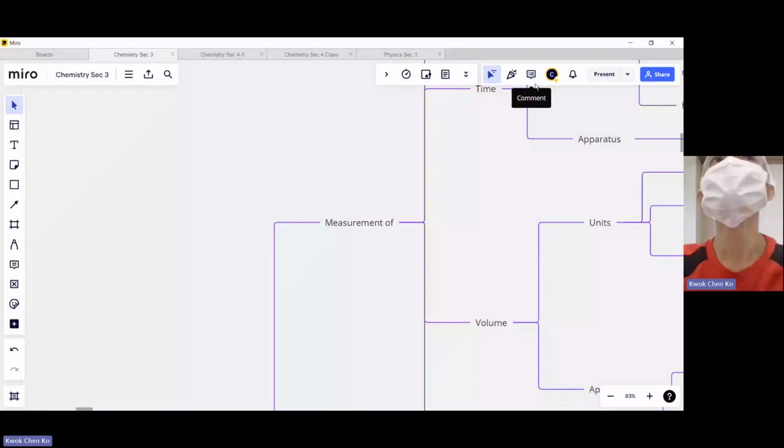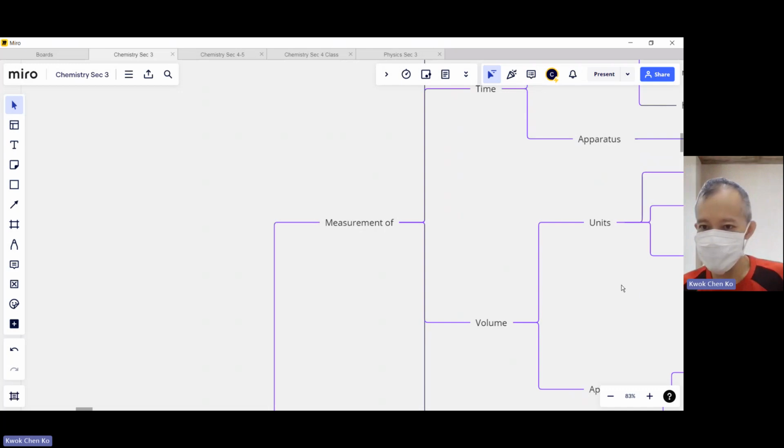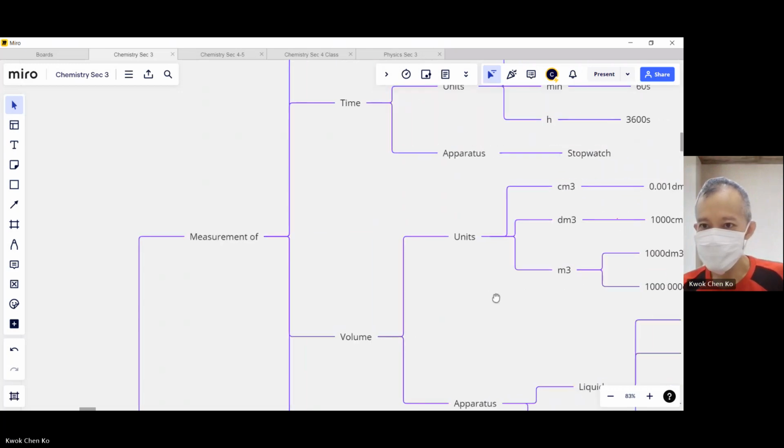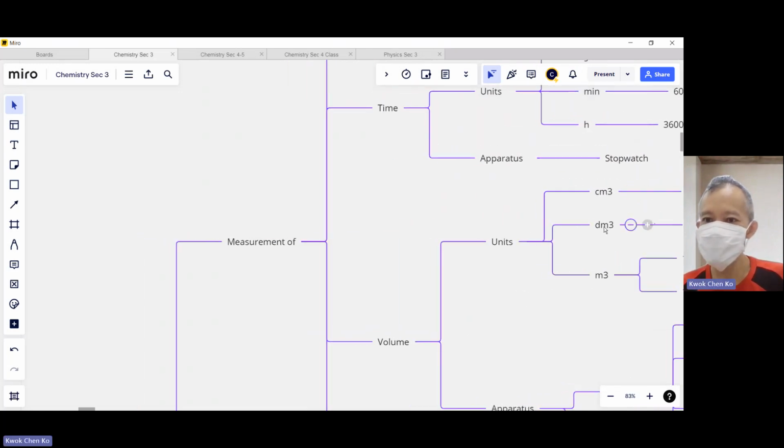Okay, good. But for chemistry, you also see cubic centimeters. And there is one more. Okay, I show you, because this one is new. These are the three you will see: 1, 2, and 3.